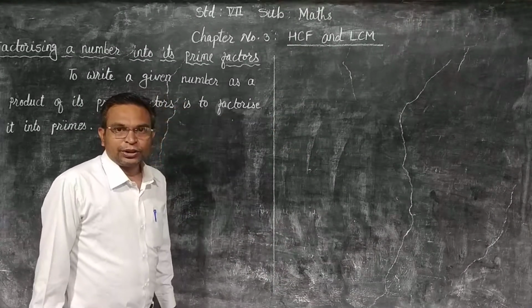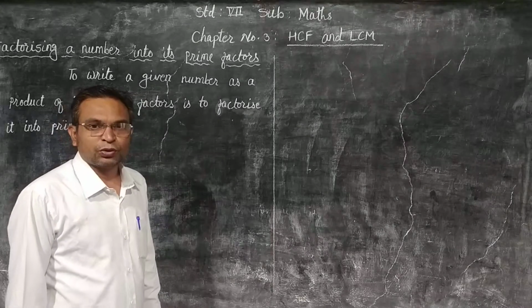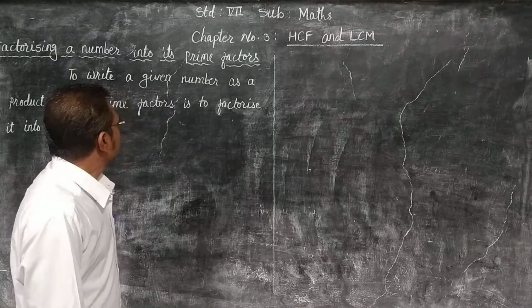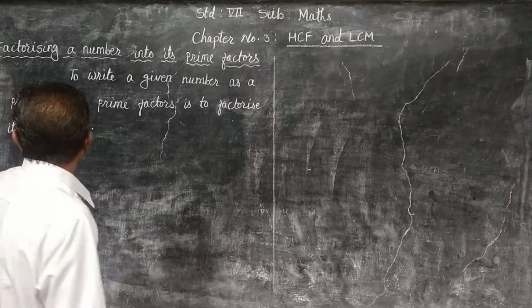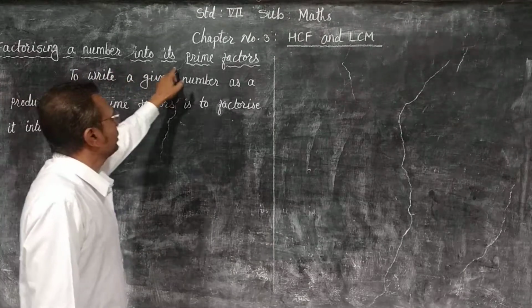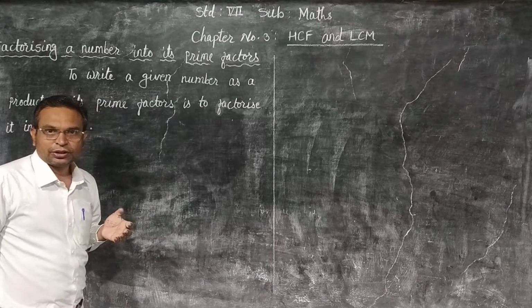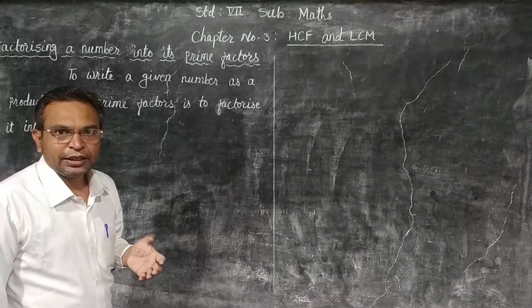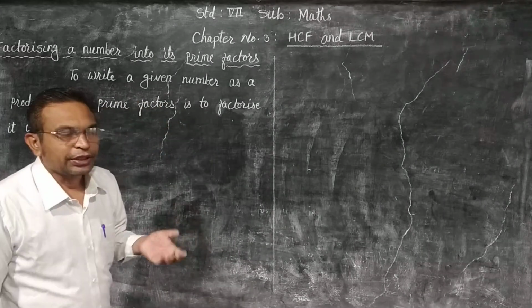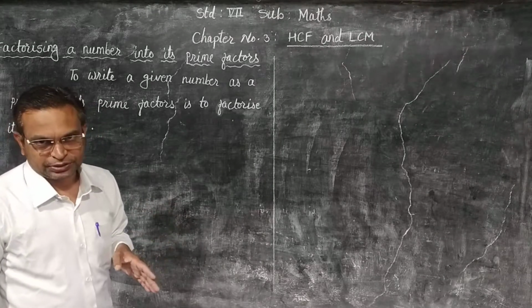In the last video, we learned prime numbers, twin prime numbers, co-prime numbers, and composite numbers. And in this video, we are learning factorizing a number into its prime factors. It means a number is given, that is a composite number, and it is written as the product of prime numbers.